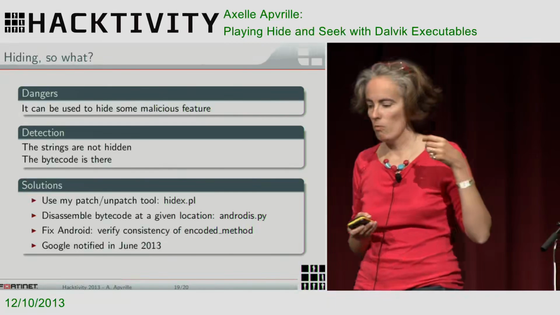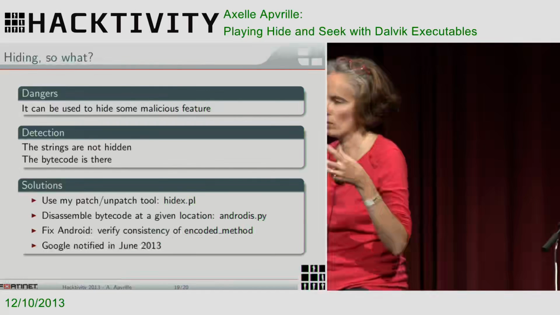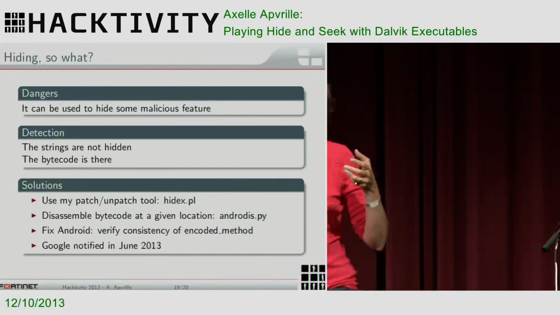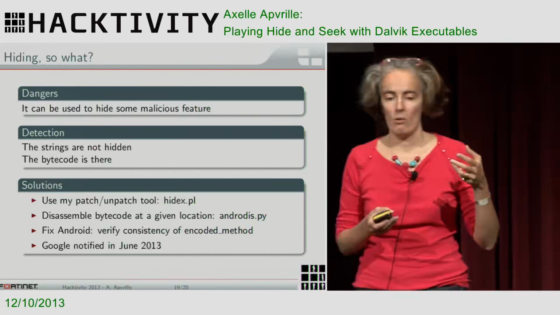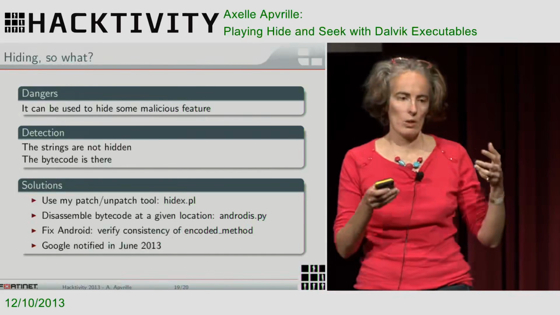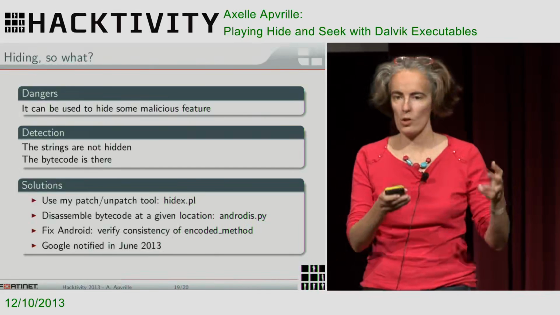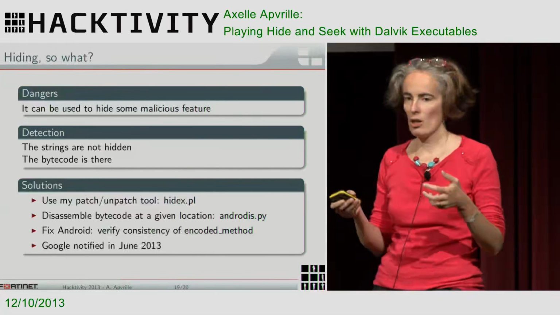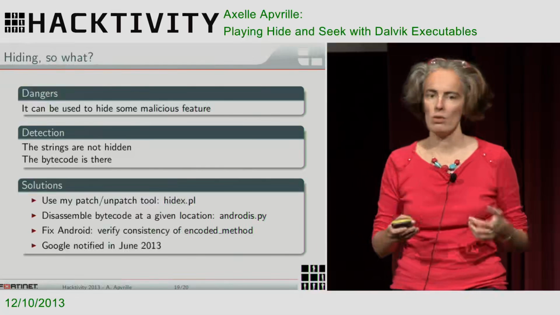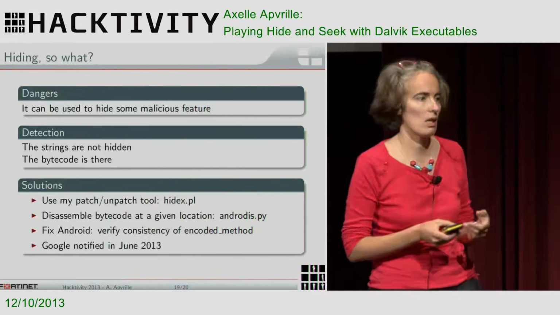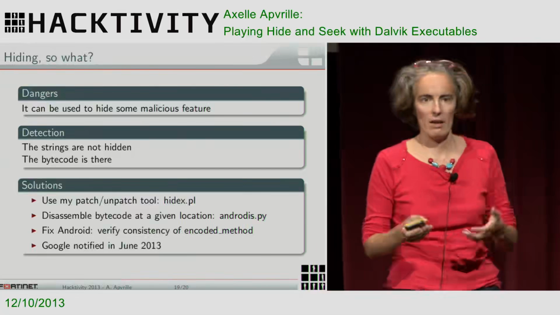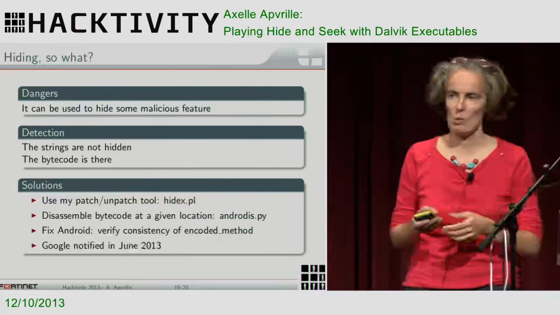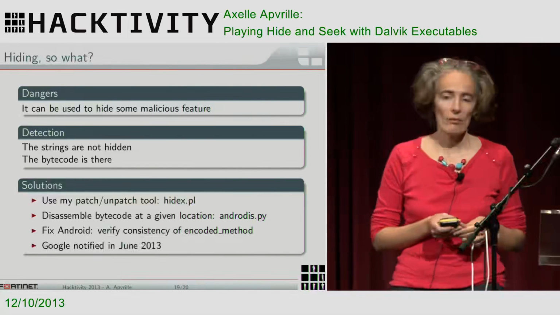So if you base part of your detection on looking for particular strings, you can find it. Or if you base your detection on part of the code in the DEX file, you can find it. It's just invisible to only some tools.